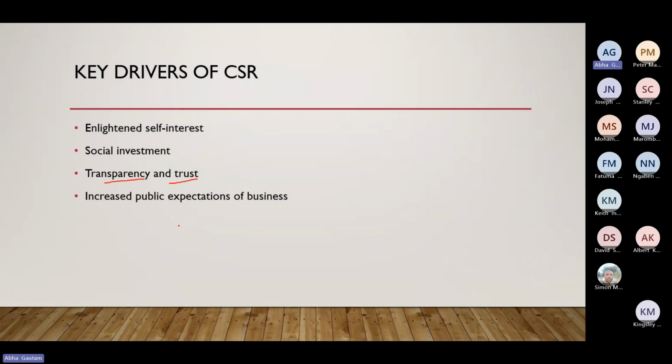So if American companies in China had hired local workers, they started laying them off and started to hire people from their own country. This is not social responsibility. If you are in a host country, you have to serve that host country also. And if you cannot, then you are not fulfilling the public expectation of business, and you are not doing corporate social responsibility. So think of it in that manner, a broader perspective.